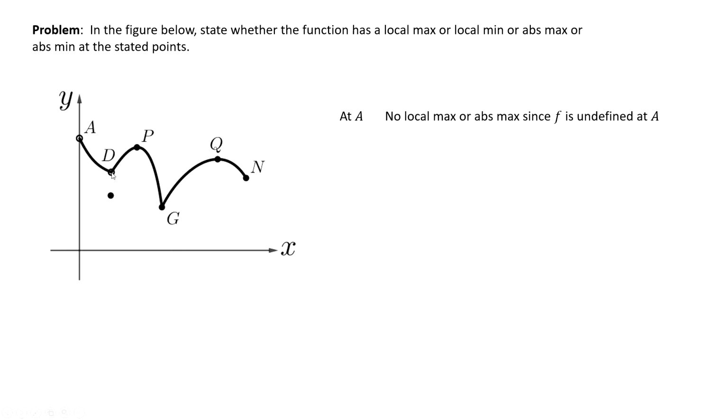That doesn't seem so obvious. Well, the thing is, if we come down, can we come up with an open interval surrounding the x value of d, where this is the y value at d, f of d is this guy, and is that the smallest in that interval containing this x value of d?